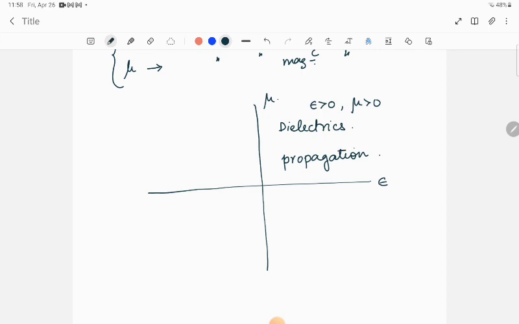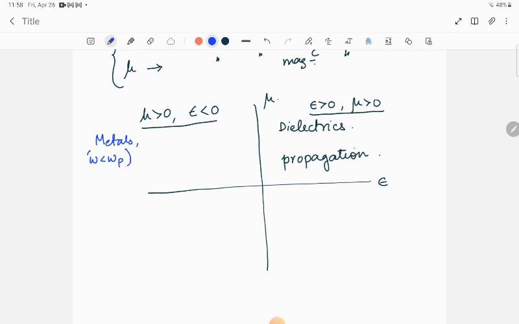Now on the left side, the second quadrant, in this section we have mu positive, however epsilon becomes negative. So this type of material, where did we see it? Mu positive, mu is 1, and so on. Epsilon negative happens when we talk of metals, or, for example, in case of a highly doped semiconductor. So we are talking of conducting systems. In case of metals, typically for omega less than omega p.